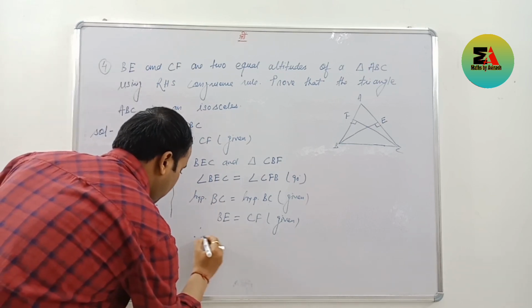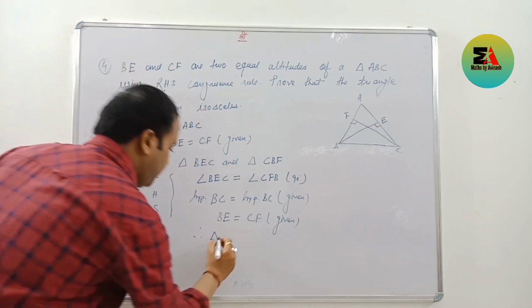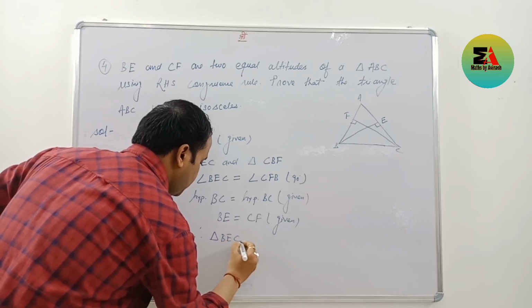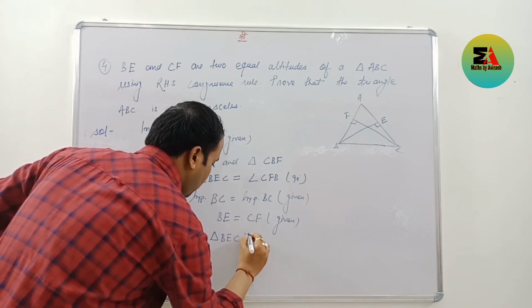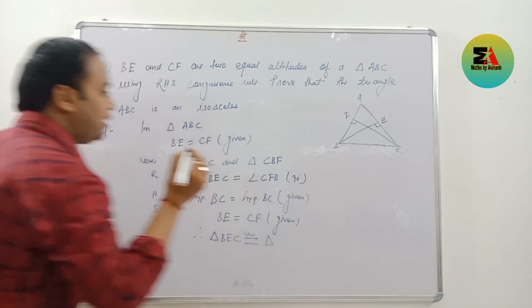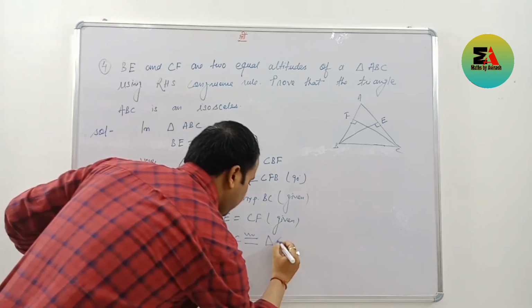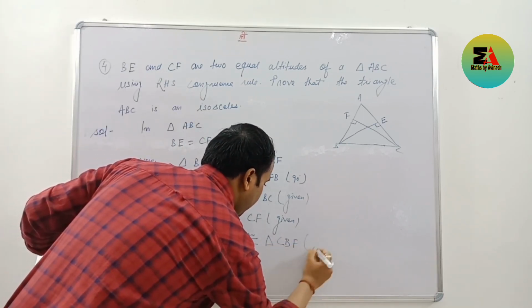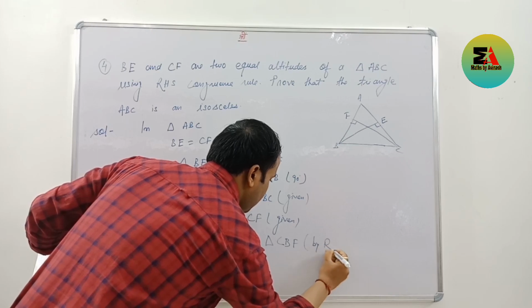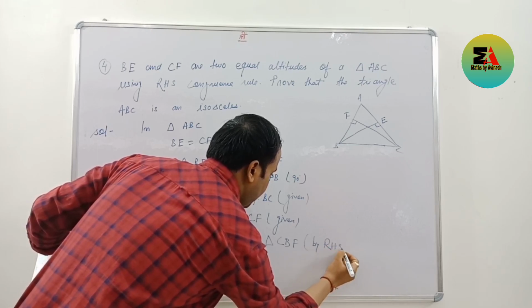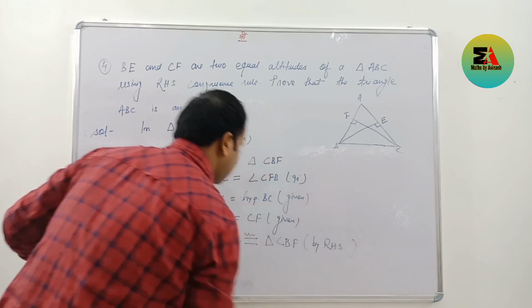So therefore, triangle BEC is congruent to triangle CBF by RHS congruency.